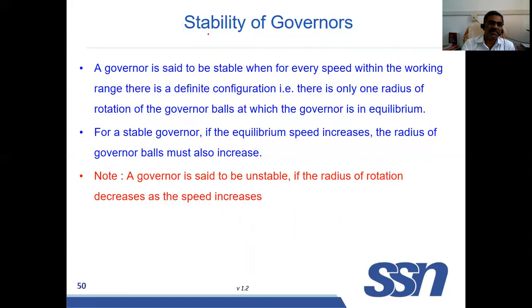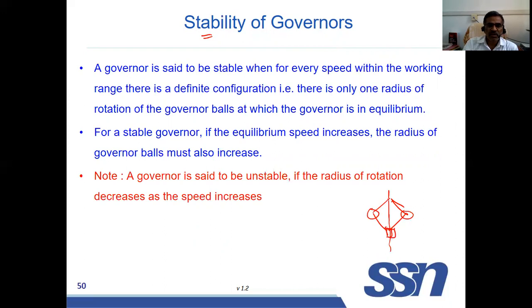Stability. A governor is said to be stable when for every speed within the working range, there is a definite configuration. For example, a governor is like this. This is the spindle, some mass of the ball, and here we have the sleeve.